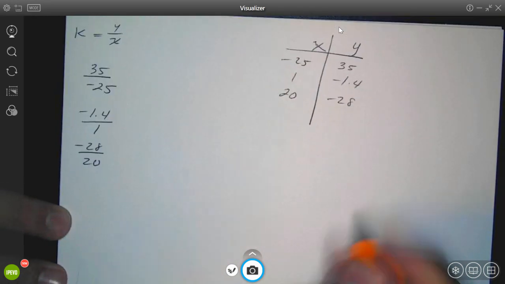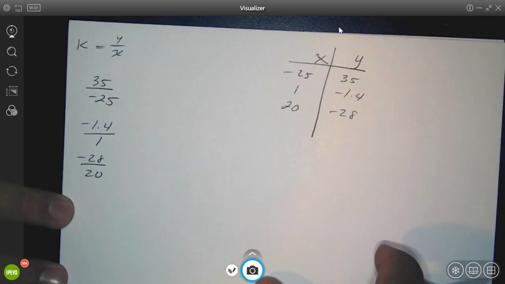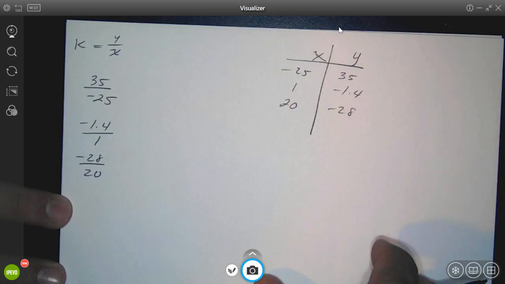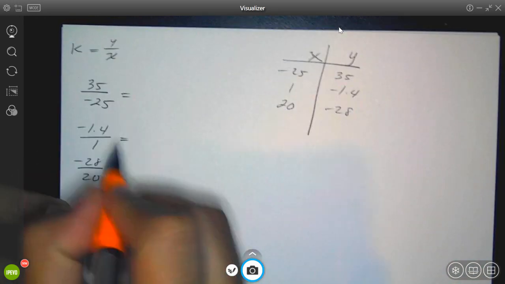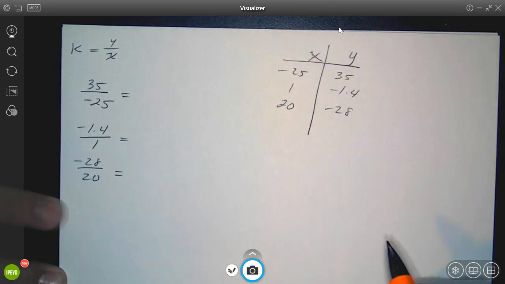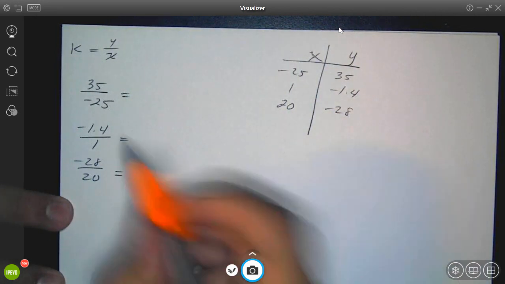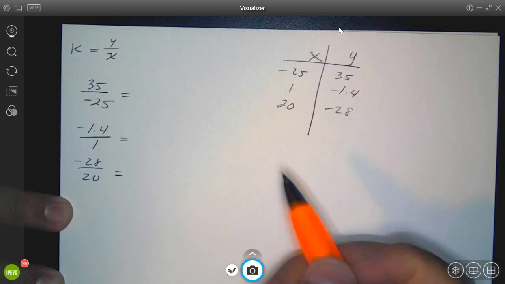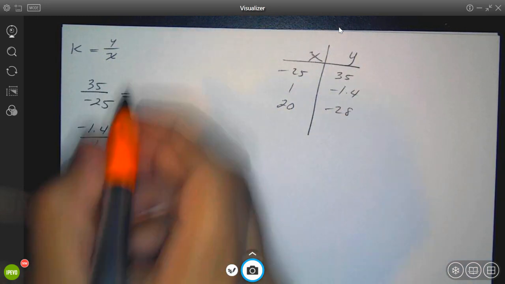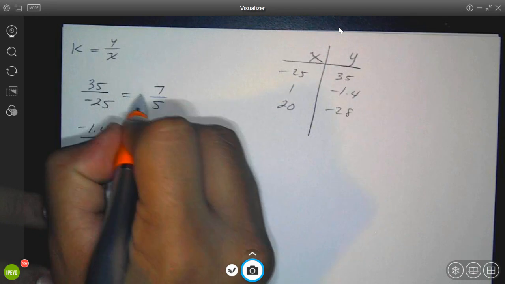Now, of course, you're more than welcome to punch this in your calculator and simplify it into a decimal. But remember, in our case, we always like fractions. It is best to simplify, so I'm going to simplify each fraction here. So here, I am left with a negative 7 over 5.